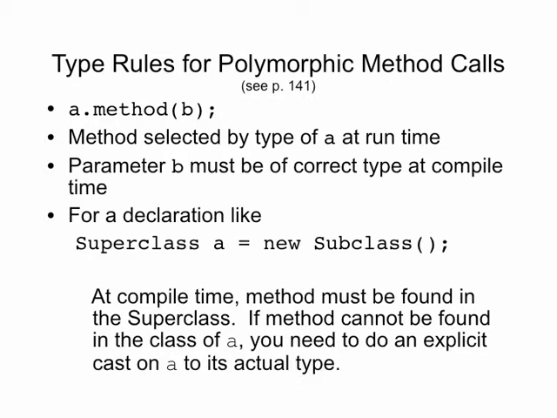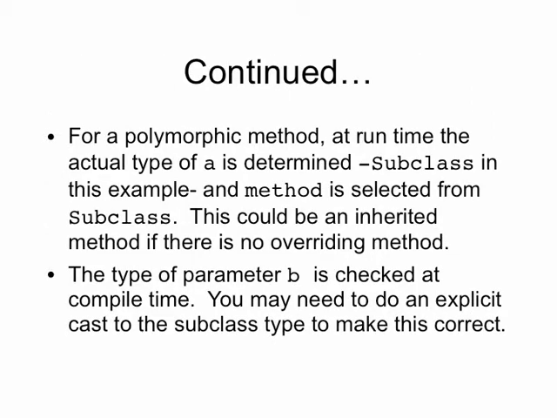The parameter B must be the correct type at compile time. So if you look at a declaration like Superclass A equals new Subclass, that means that the method must be found in the superclass. If it's not, then you need to do an explicit cast on the method to make sure that A is of the actual type at compile time.